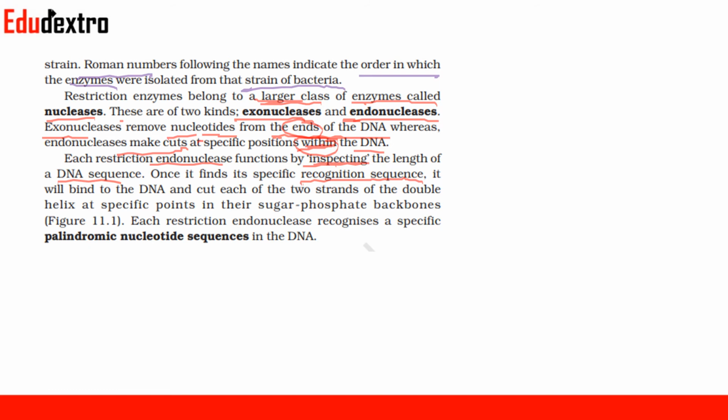Like that, the restriction endonuclease inspects the entire length, and once it finds the recognition sequence, it binds to the DNA and cuts each of the two strands of the double helix, at the specific sequence between two nucleotides in their sugar-phosphate backbones.